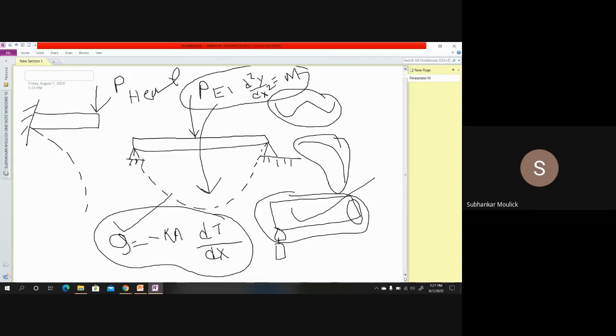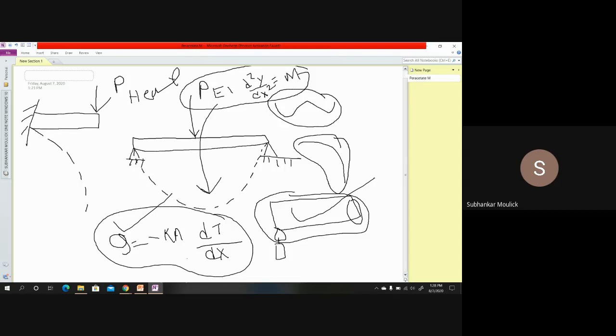This is nothing but the governing differential equation for a static beam problem if the beam is undergoing deflection. This is the governing differential equation for the heat transfer problem. Which type of heat transfer problem? Conduction heat transfer problem. So these governing differential equations will be given to you.